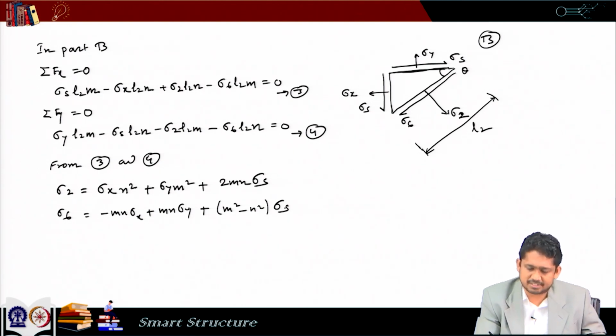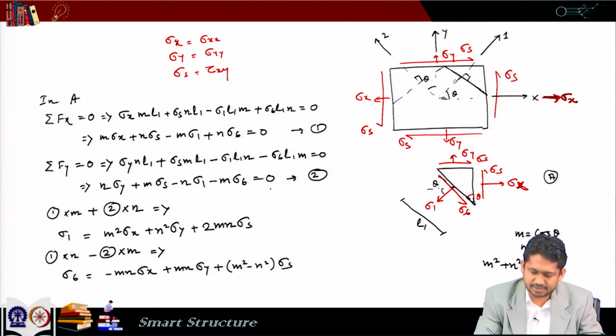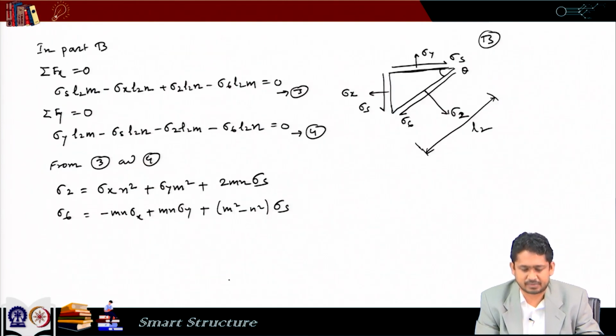So, if the sigma 6 that we get from these two equations is different from what we get here, that means that we have some error in the formulation, otherwise they should give the same sigma 6.